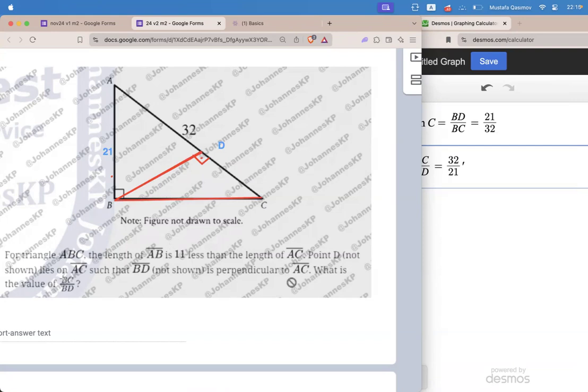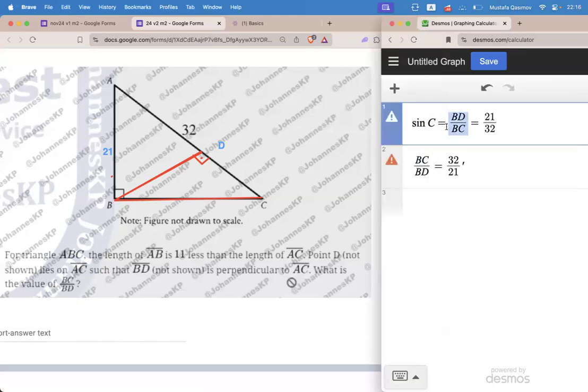Yes. Also, we have to find BC over BD, so they are reciprocals of each other. So if we find the value of BD over BC, automatically we can find BC over BD. Okay. Then you have to find sine C from the bigger triangle. It is 21 over 32, right? We can actually do it with similarity, yes.